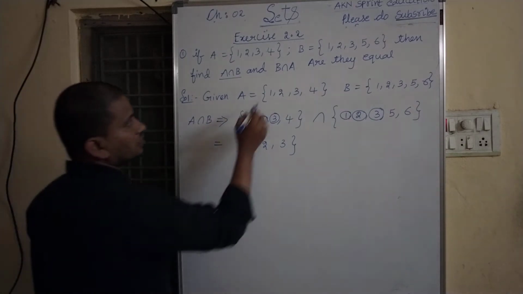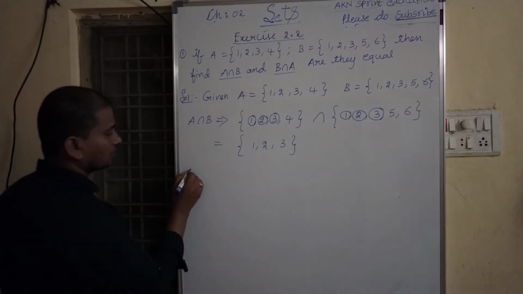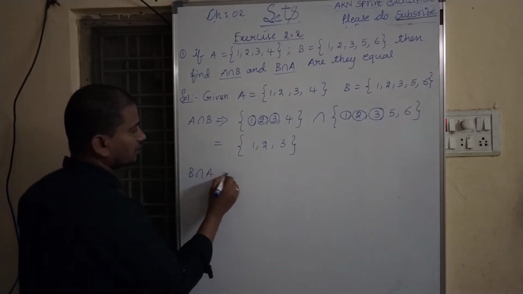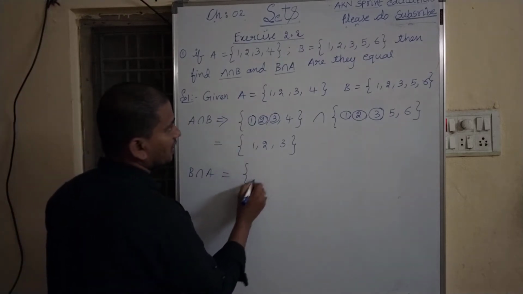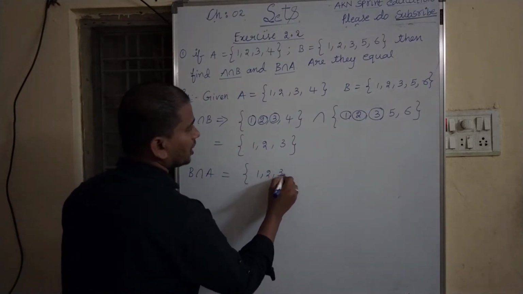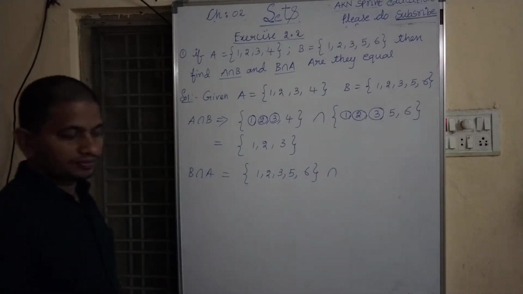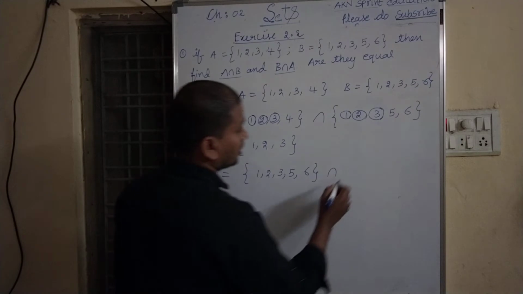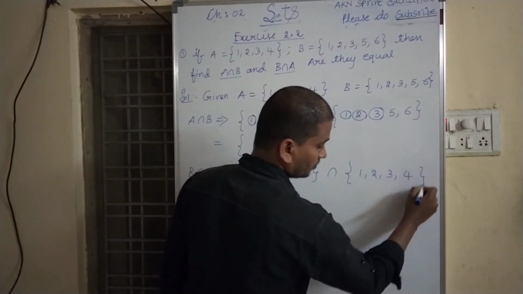Okay. Coming to the second one, B intersection A. What is B intersection A? B is 1, 2, 3, 5, 6. Intersection. What is A? A equal to 1, 2, 3, 4.